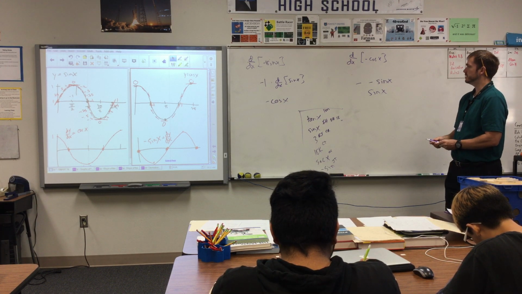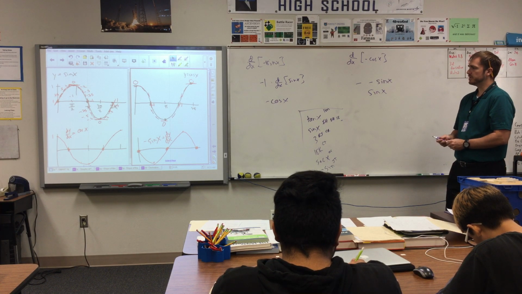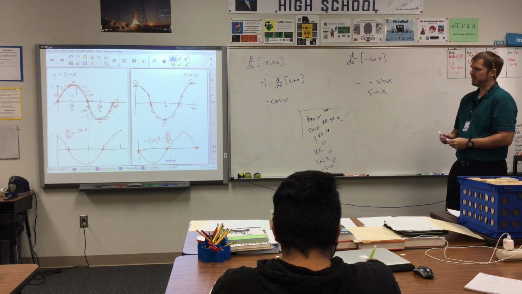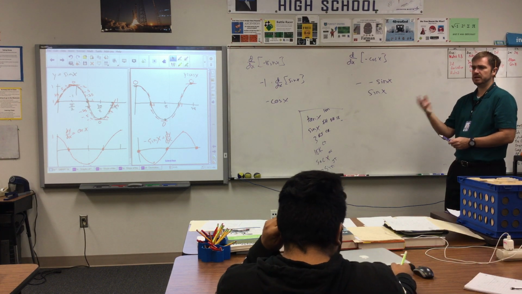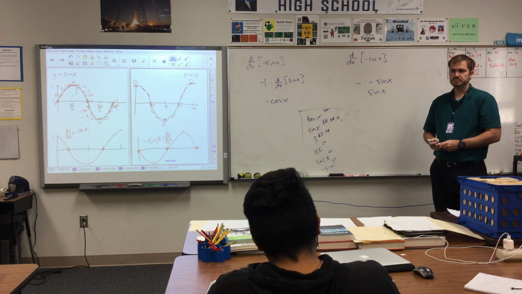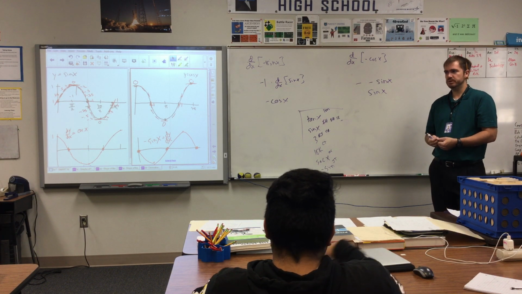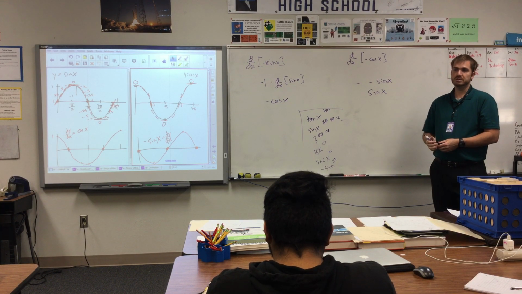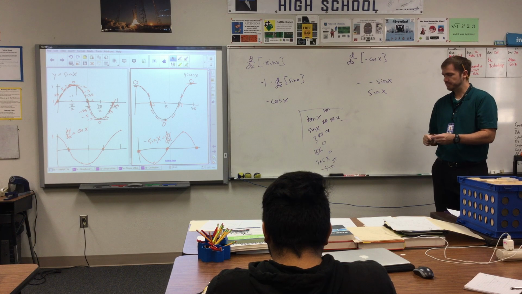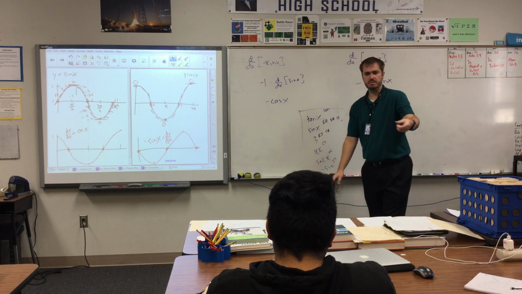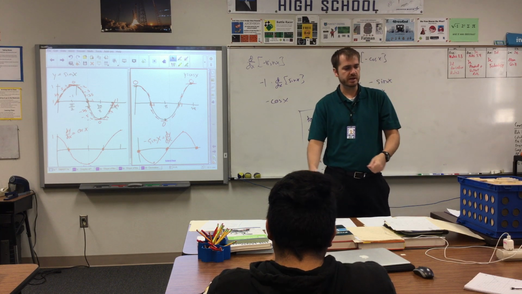We'll look at some things with motion, probably at the end of this chapter, that will reinforce this. There's a relationship between position, velocity and acceleration, which lines up with this exactly, which is great.